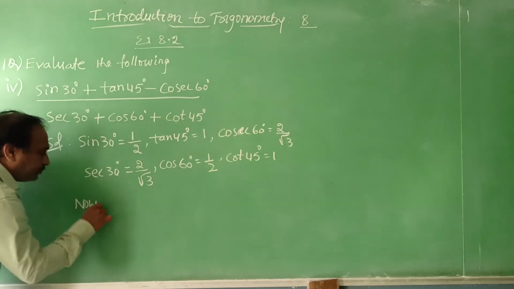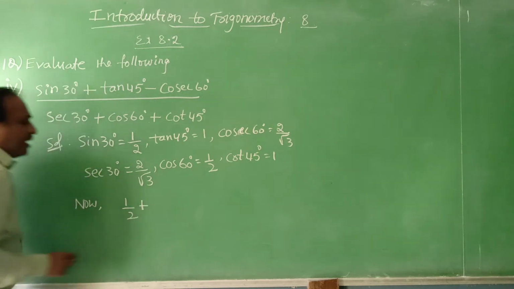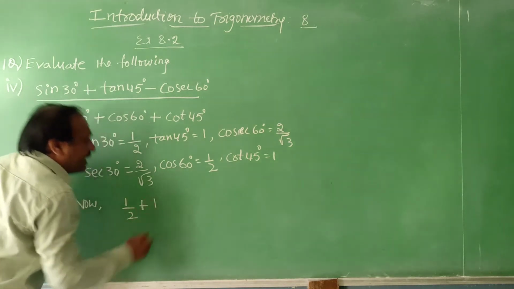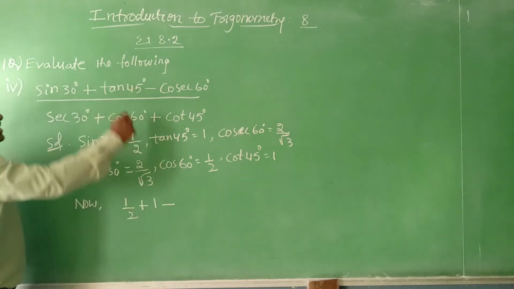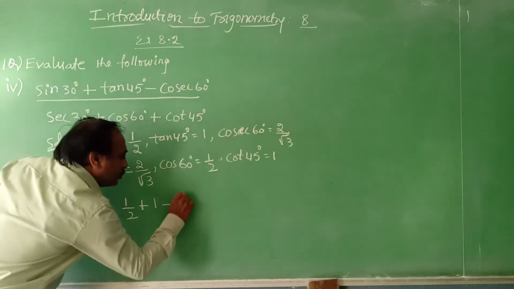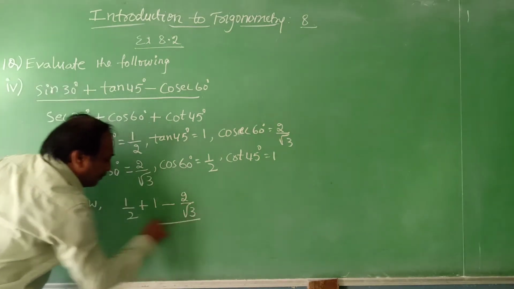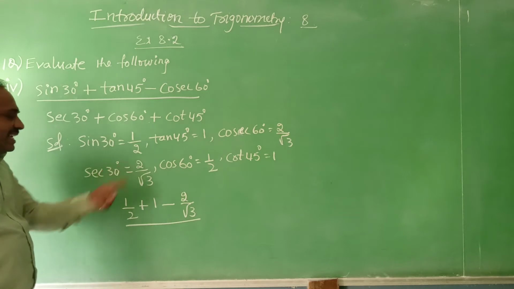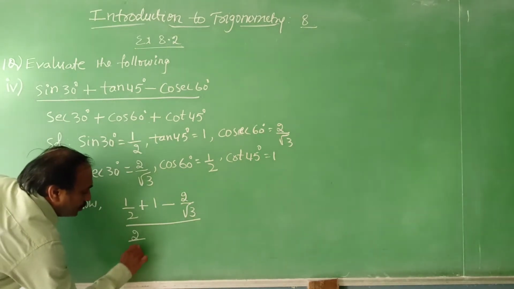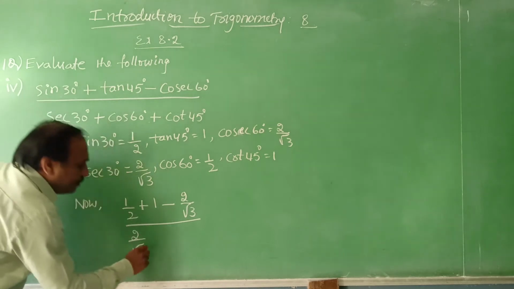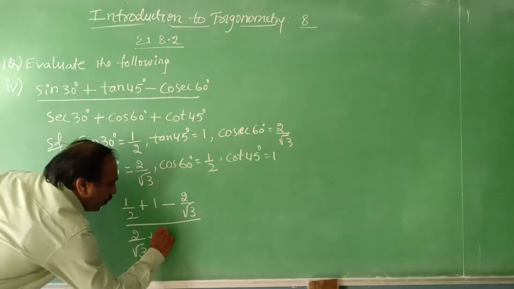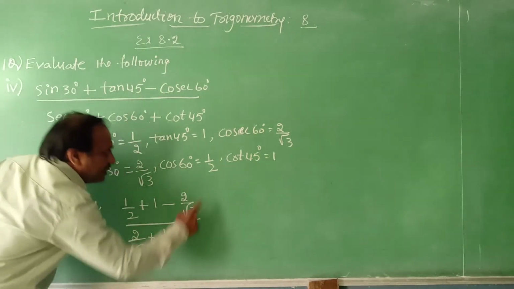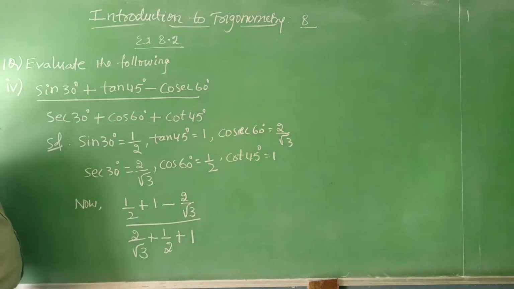Now, 1 by 2 plus tan 45, which is 1, minus cosecant 60, which is 2 by root 3, all divided by, in the denominator, secant 30 degrees, which is 2 by root 3, then plus cos 60 degrees, 1 by 2, plus cot 45, which is 1.